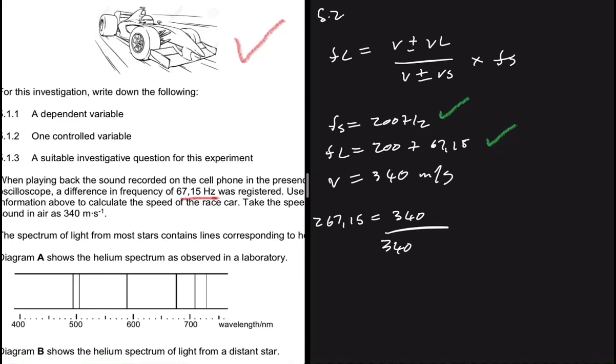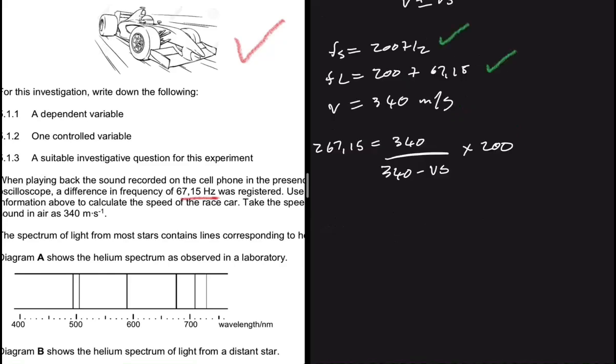For our case, the car is moving toward, so we're going to have minus Vs multiplied by the frequency of the source, which is 200. So we can divide both sides by 200 to get 267.15 divided by 200 equals 340 divided by 340 minus Vs, right?